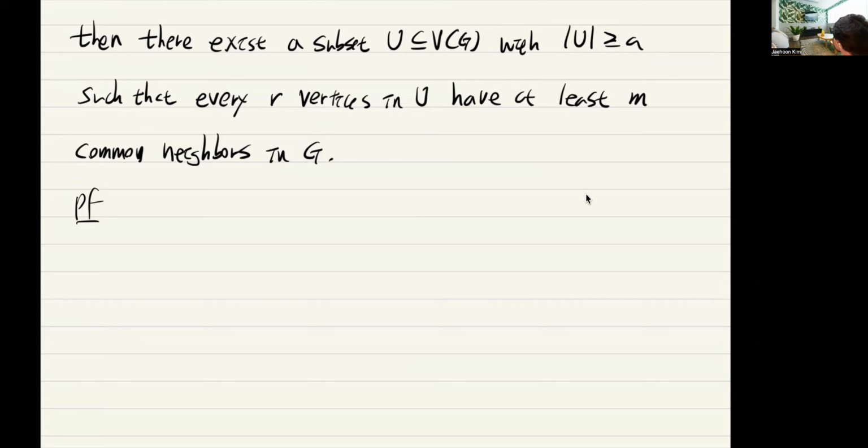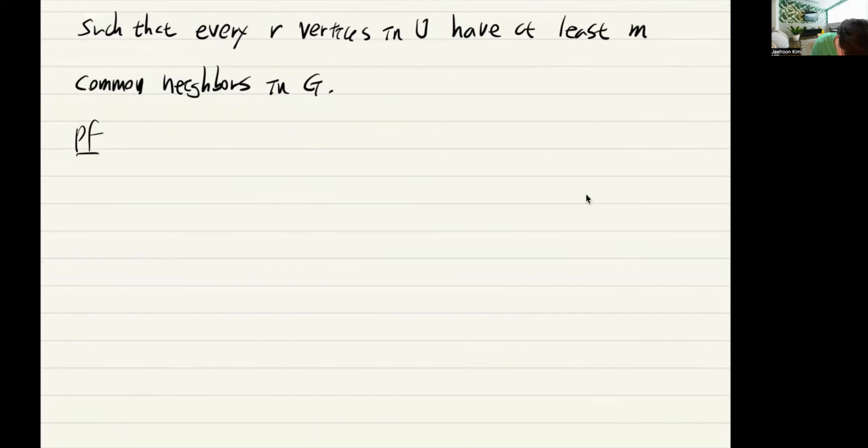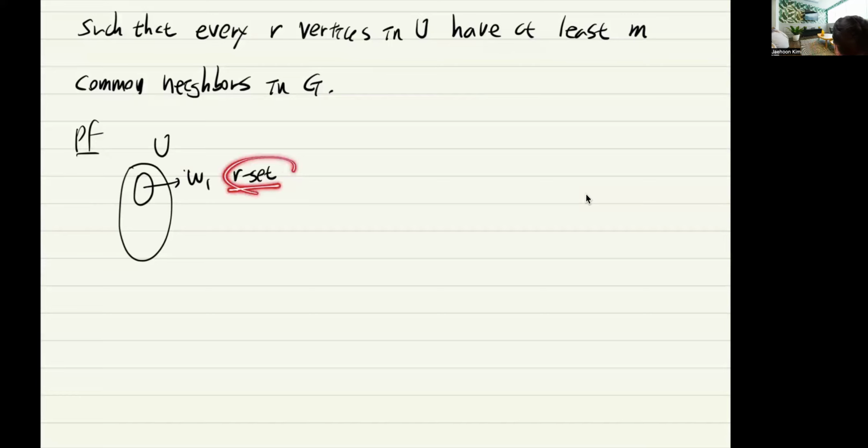What do we want? So let's get the intuition. So U is here, and let's say you have some W1, an R set. When I say R set, this is a set of size R. And let's say you have another, W2, another R set.